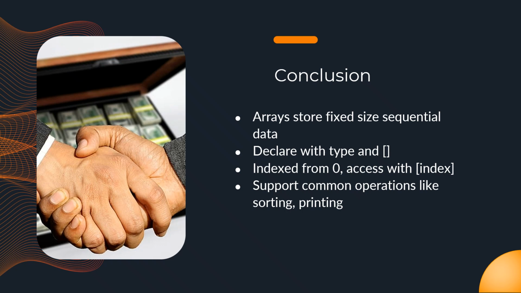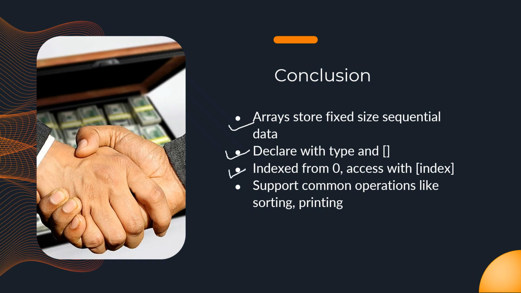Now we can conclude our session. We have seen what arrays are. Arrays are a collection of similar data types, and we can store the same type of data in an array by using just one variable name. Then we saw the declaration of an array, which we can declare using square brackets.